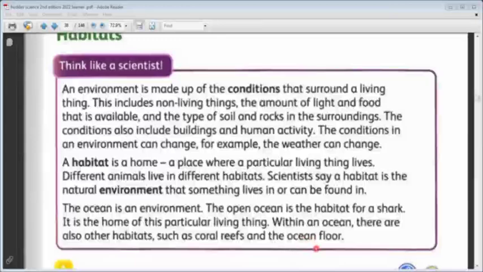And the ocean floor is another habitat inside the ocean environment. Is the difference between environment and habitat clear? Yes.